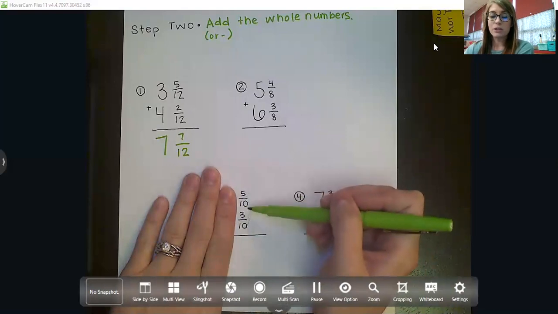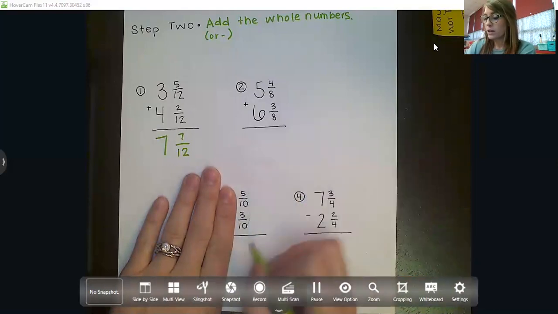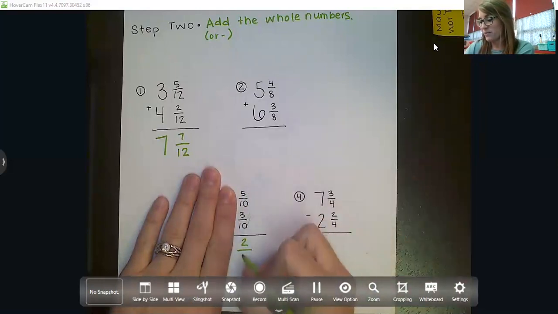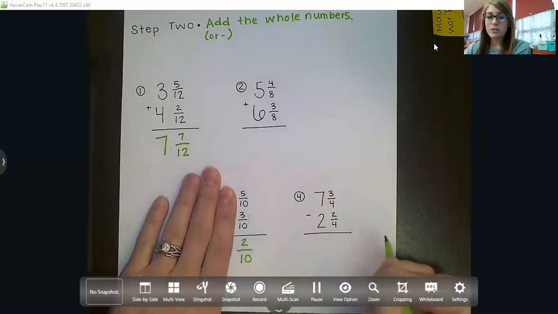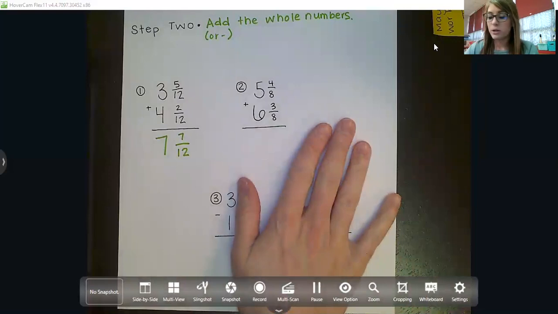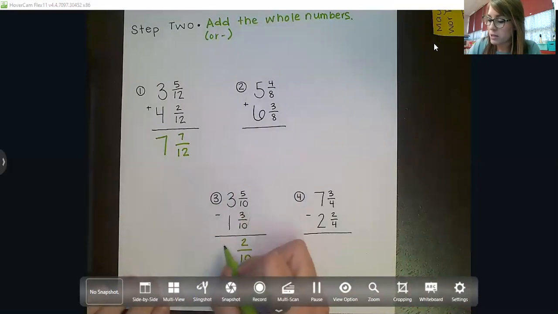So 5 minus 3 is 2. Very good. And my denominator always is what? The same. Great job. So we've got 2/10, and then we hop over to this side and we subtract our whole numbers. 3 minus 1 is, very good, 2. So we've got 2 and 2/10.